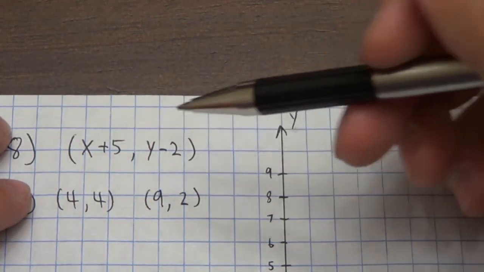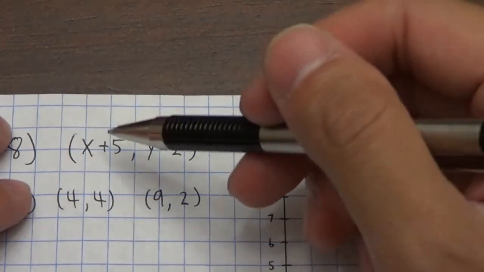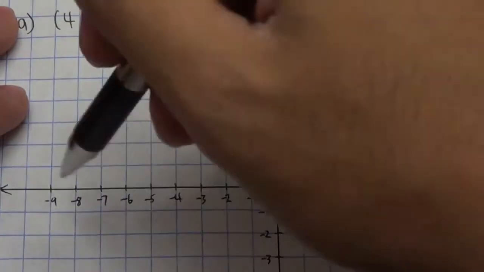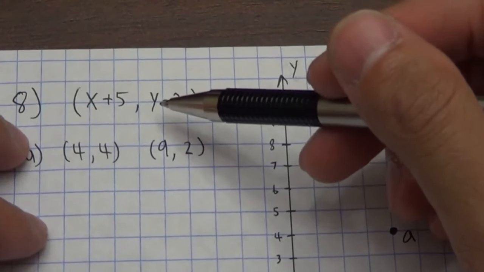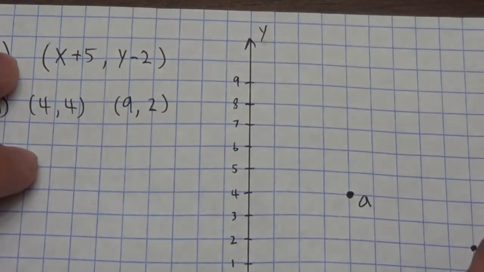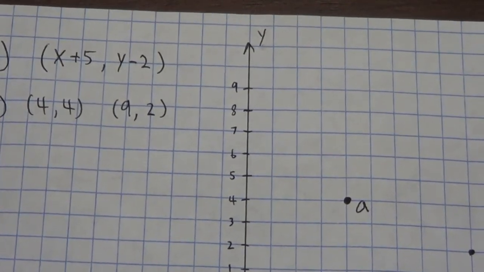Negative is always left or down. Now, how do we know if it's left or right or up and down? Well, our x values are on the x-axis, which is going horizontal, so that's left and right. Our y values are on the y-axis, which is going vertical, up and down. So that's a couple of things that can remind you of the direction.